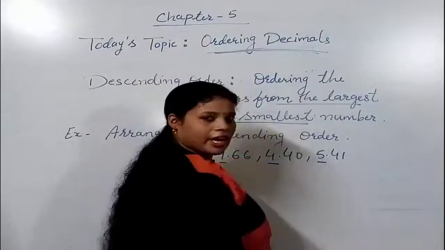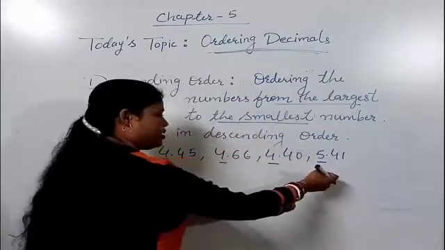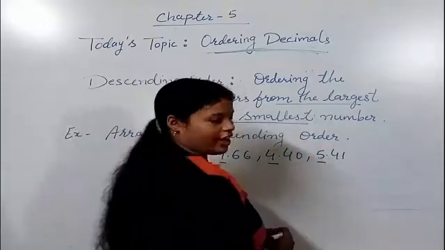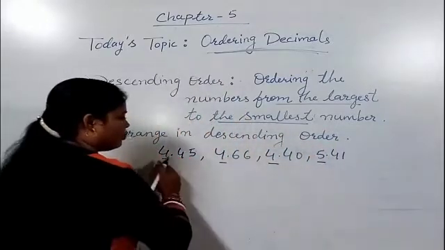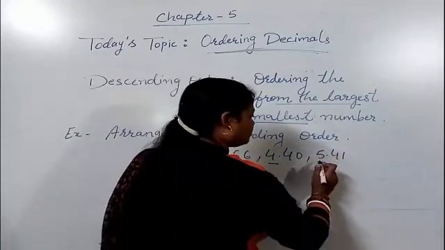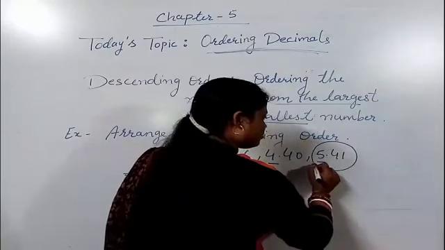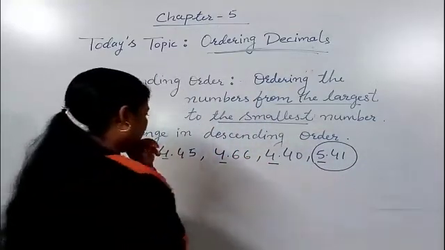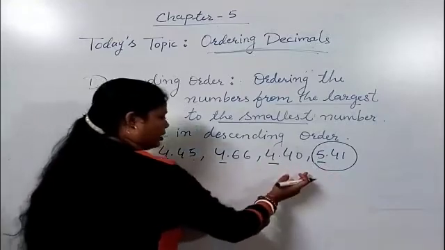Here is 5. We know that 5 is greater than 4. So we will write 5 first. Then we'll see these three. We know that this is the greatest among all four.